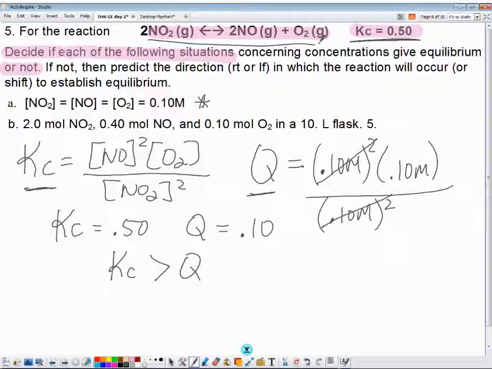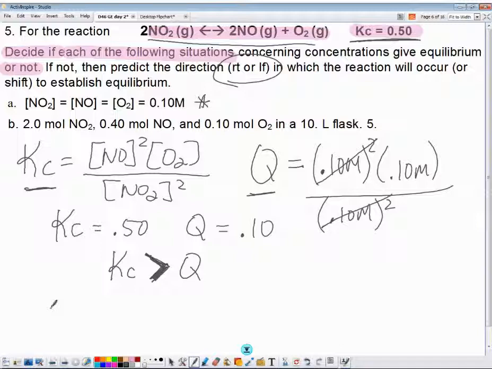The values have to go up on the product side and the values have to go down on the reactant side. So which way does the reaction have to go, right or left? Left would make the reactants go up and the products go down. Then right. Good.